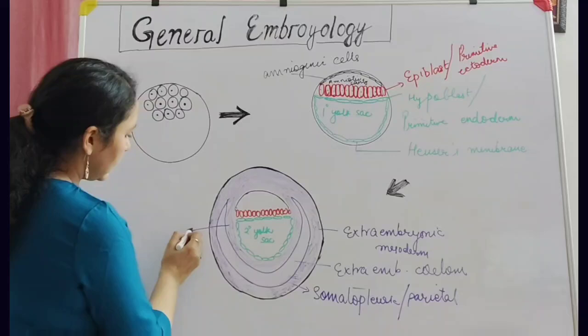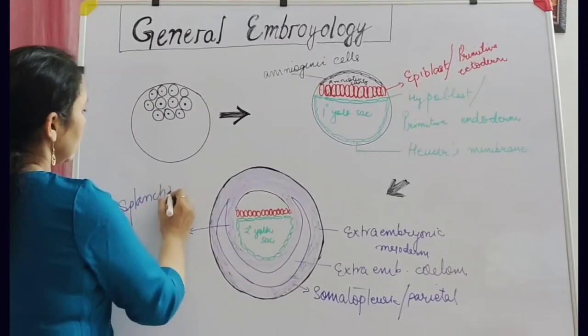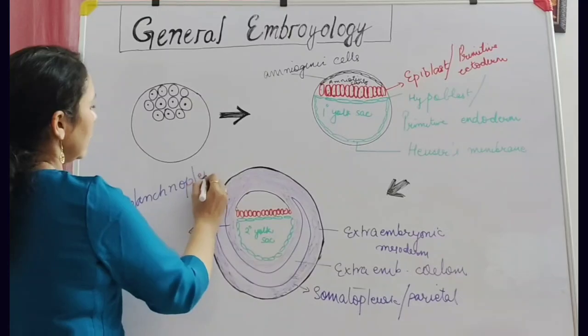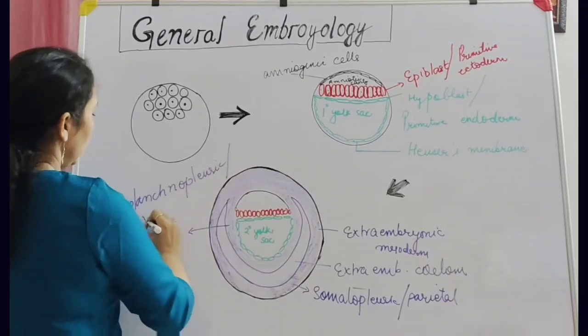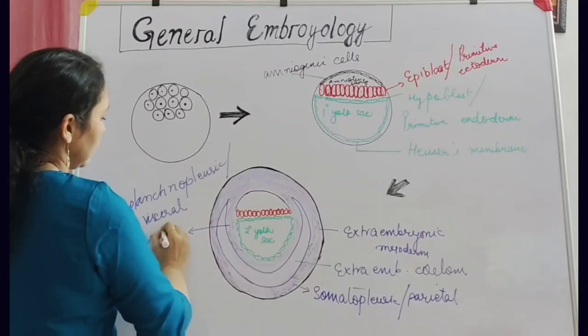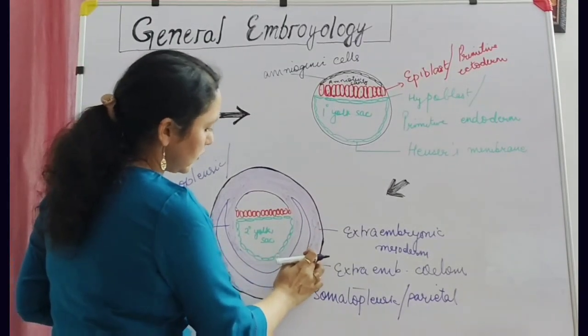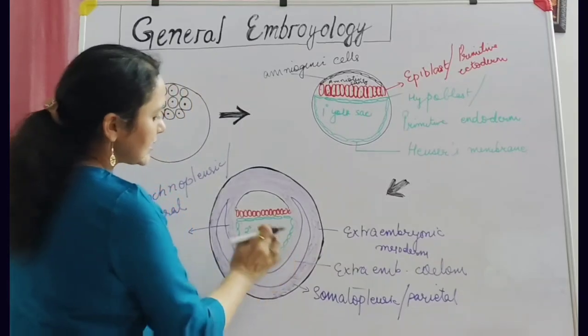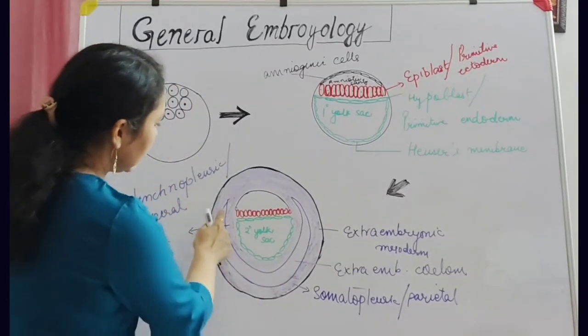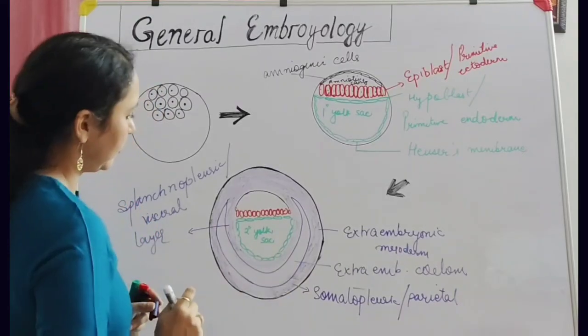Similarly, the inner one, this we call as splanchnopleuric or visceral layer of extraembryonic mesoderm. So we have the extraembryonic mesoderm, the outer one is the somatopleuric or the parietal, the inner one is the splanchnopleuric or the visceral, and in between there is a cavity that is the extraembryonic coelom, right?